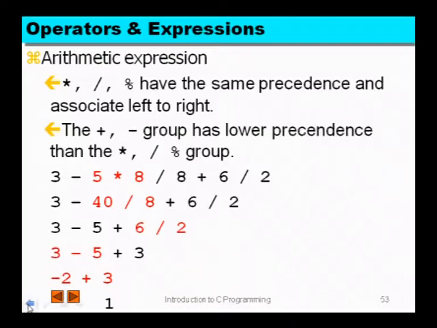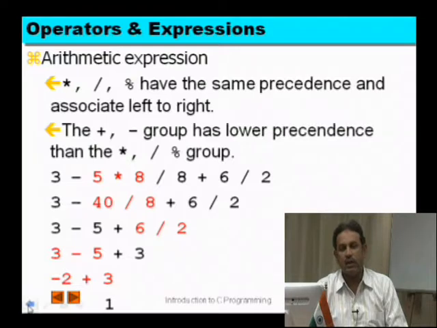We shall see this in the table later, with the associativity and the hierarchy or rank of operators, and which operators have the highest rank. Plus and minus have lower precedence than multiplication, division and modulus. So multiplication and division have higher priority than addition or subtraction.